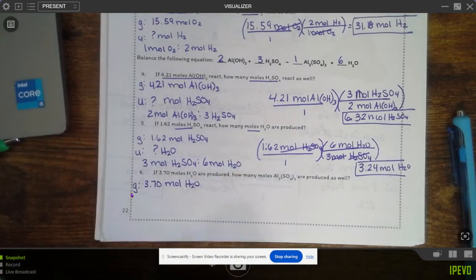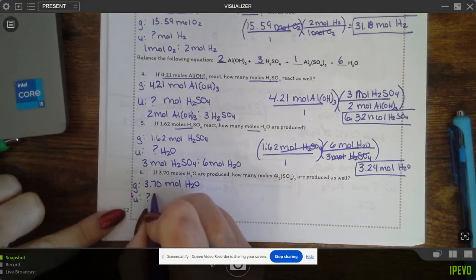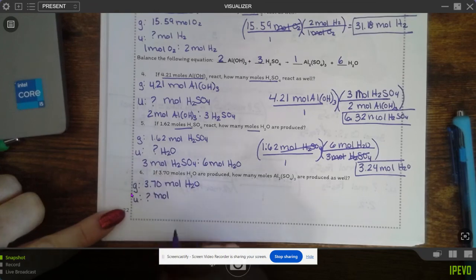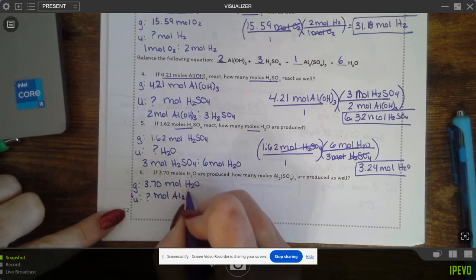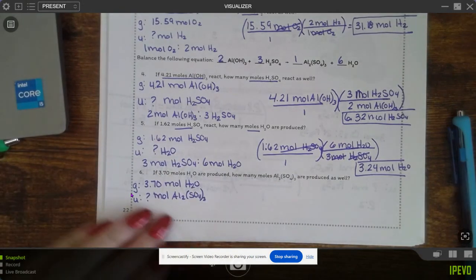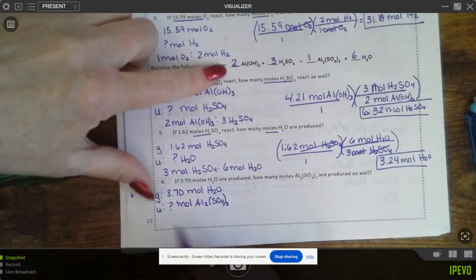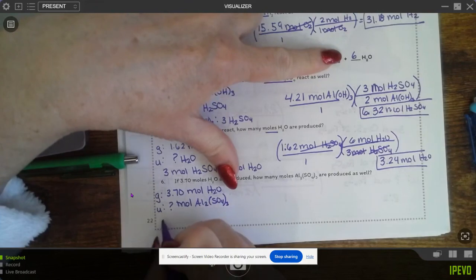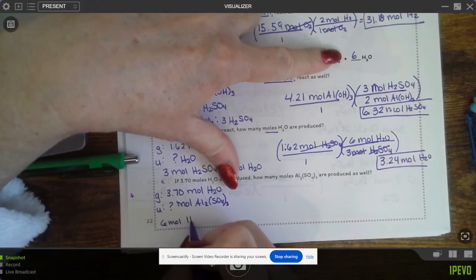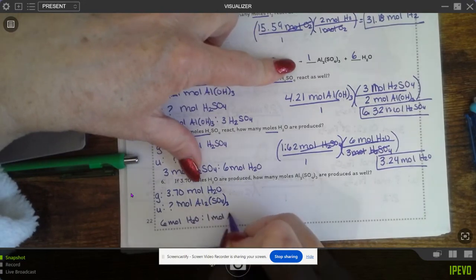Okay, last one. If 3.7 moles of water are produced, how many moles of aluminum sulfate, Al2(SO4)3, are produced? All right, so our mole ratio is going to be moles of water, so 6 moles of H2O and 1 mole of Al2(SO4)3.